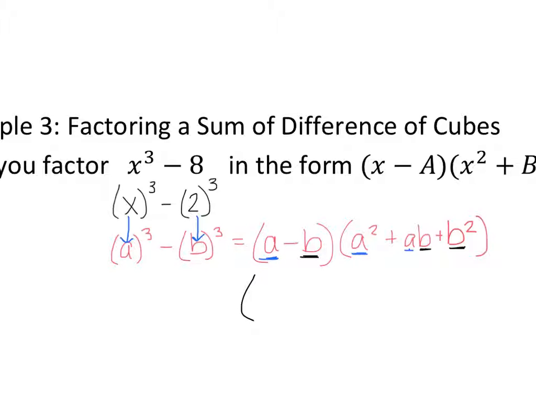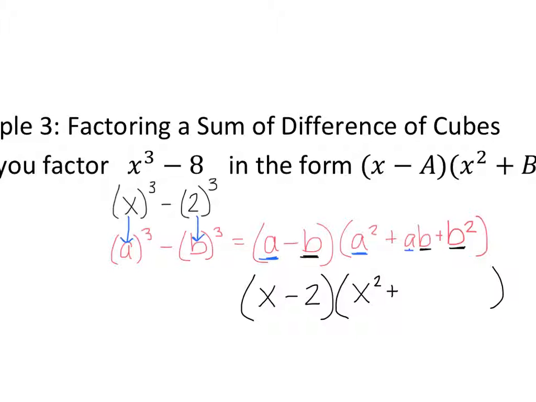So instead of a minus b, I will have x minus 2 for the first set of parentheses. Instead of a squared, what will I have? What are we replacing the a with? X. So I'll have x squared.